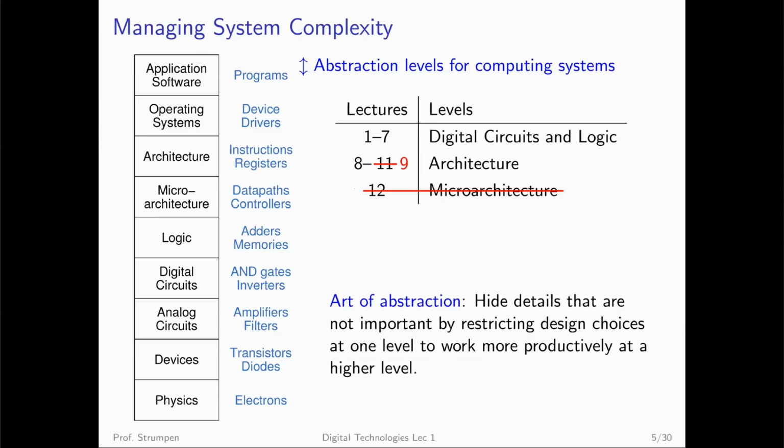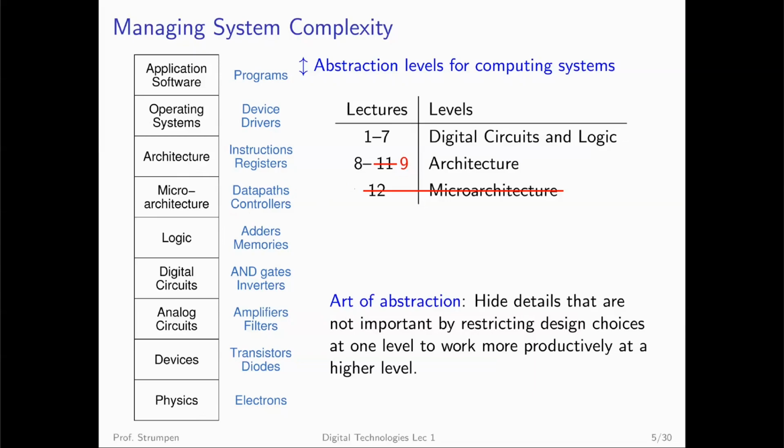Right? The art of abstraction is to hide details of one layer in this hierarchy so that you can work at the next higher level of the hierarchy without being completely overwhelmed by all the details at the lower level.